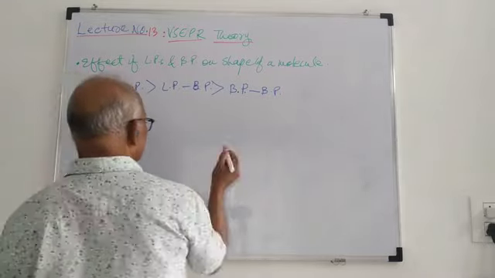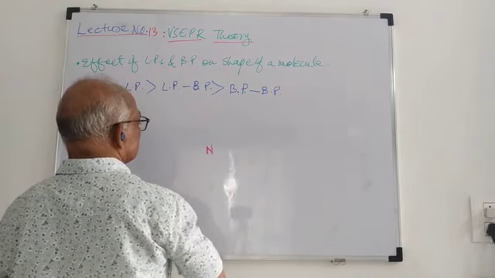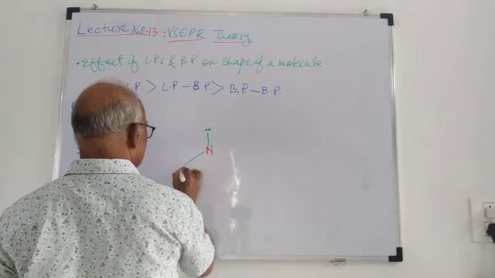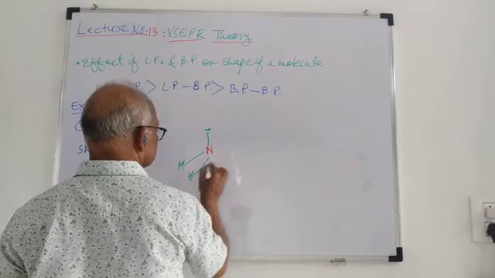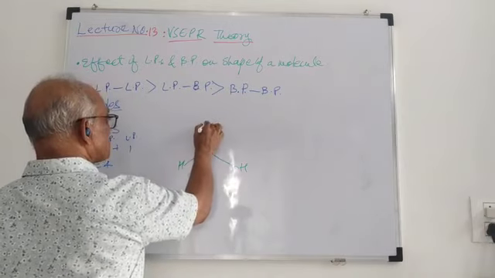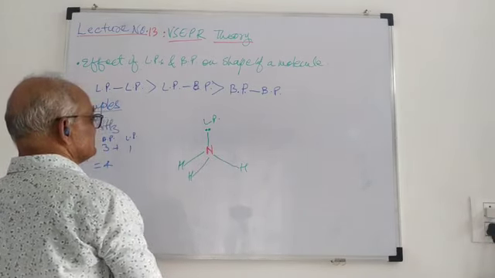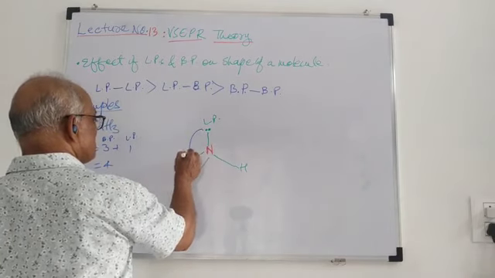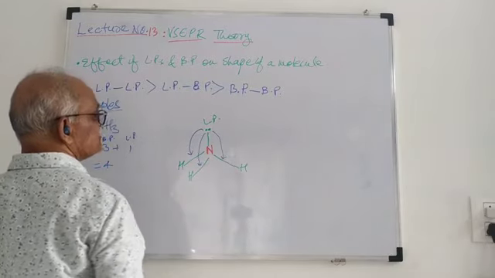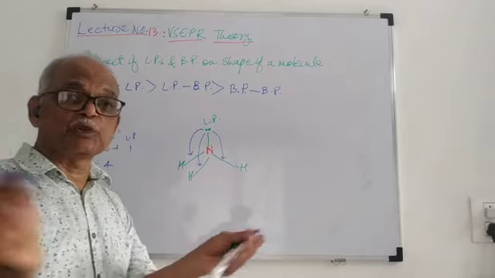The nitrogen is at the center, and there are hydrogens. The presence of this lone pair pushes away all these bond pairs, as a result of which the bond pairs are coming closer.